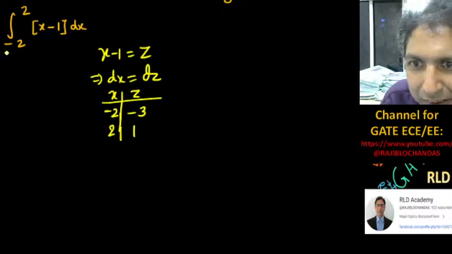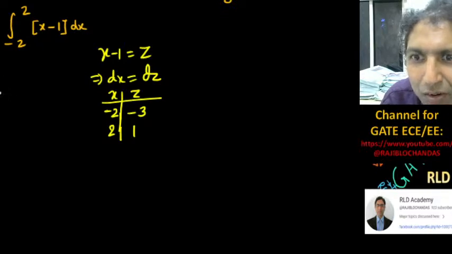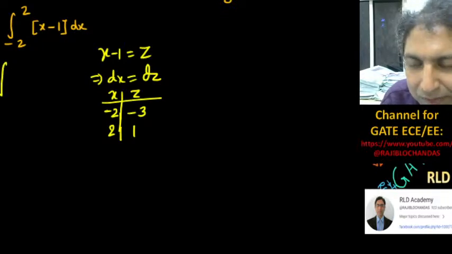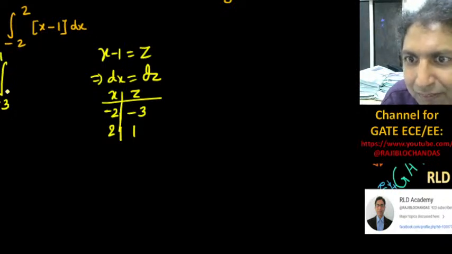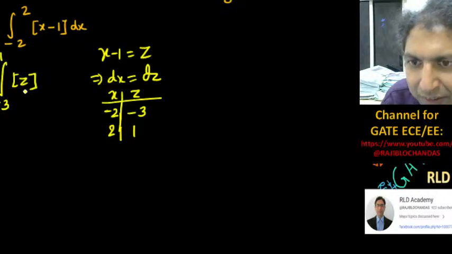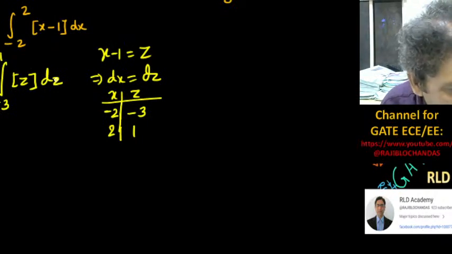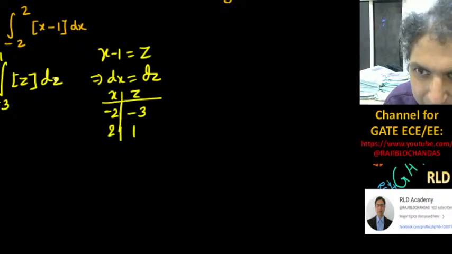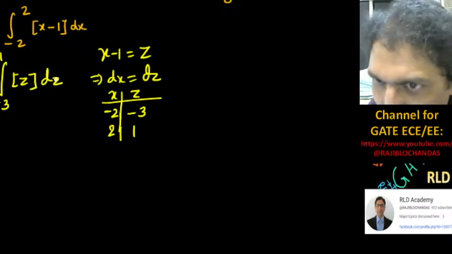So this integral we can now replace by simply lower limit minus 3, upper limit 1, and this is the greatest integer of mod z into dz. This will be comparatively easy to understand.